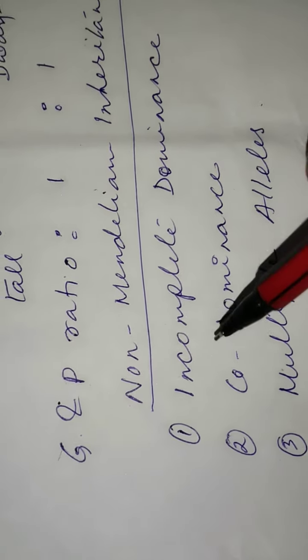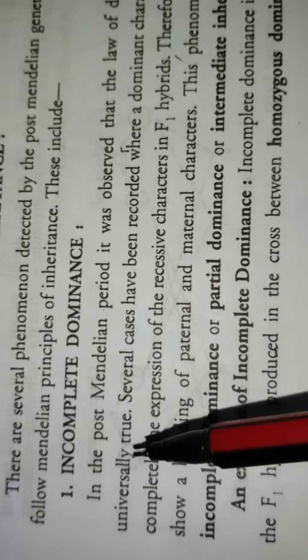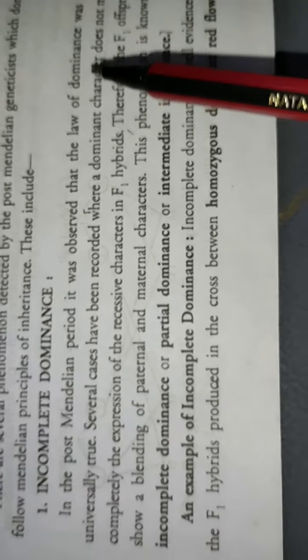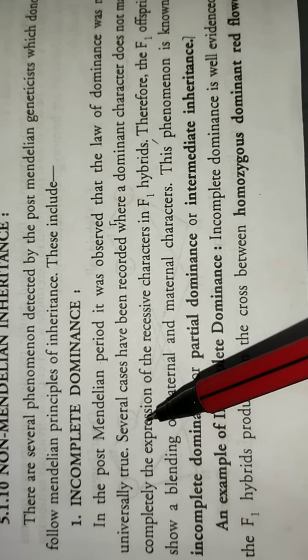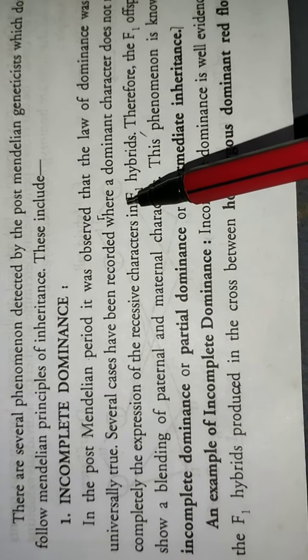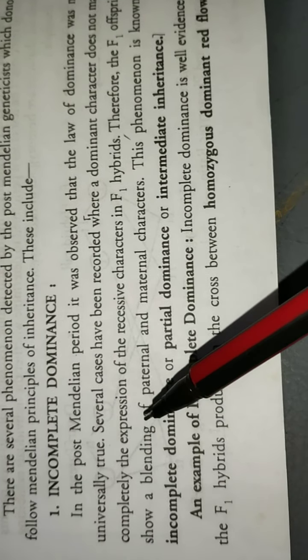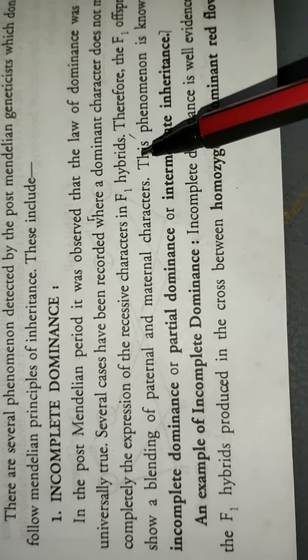Coming to the first one, incomplete dominance. So what is incomplete dominance? In the post-Mendelian period, it was observed that the law of dominance was not universally true. Several cases have been recorded where a dominant character does not mask completely the expression of the recessive characters in F1 hybrids.